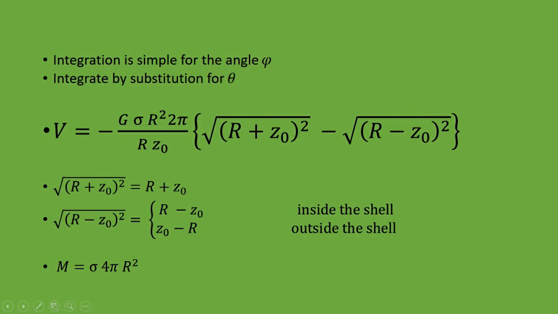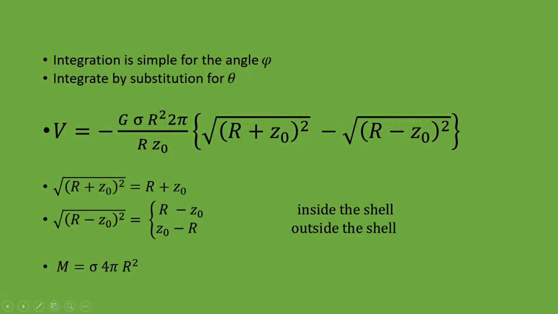Now, if you are inside the shell, then capital R, that's the radius of the shell, is bigger than Z0. So R minus Z0 is the positive quantity, and that's the value of the square root. However, if you are outside the shell, then Z0 is the biggest. It is bigger than capital R, and so the square root is Z0 minus R, not the opposite.